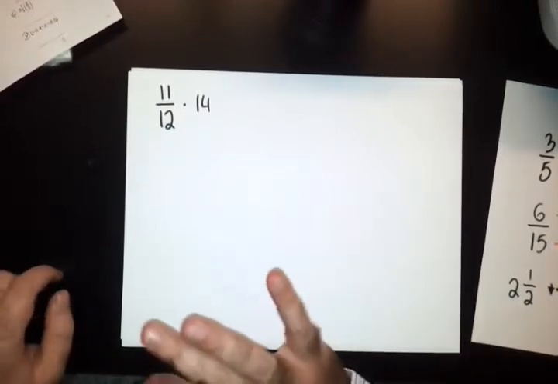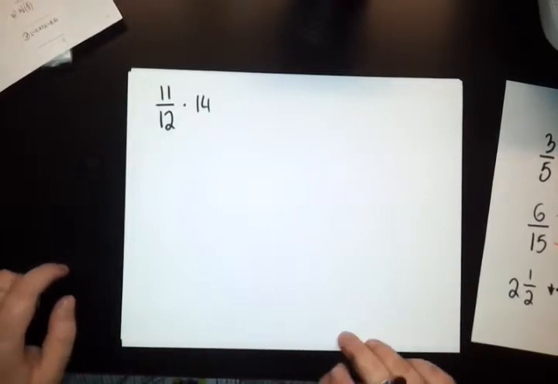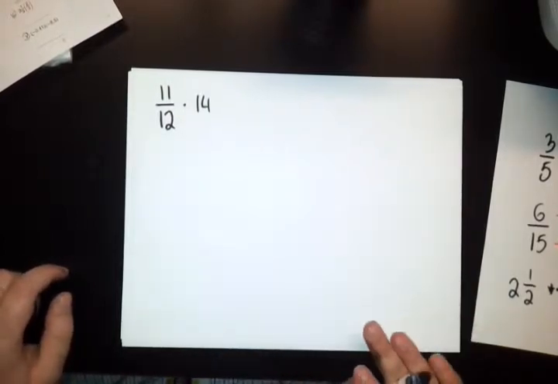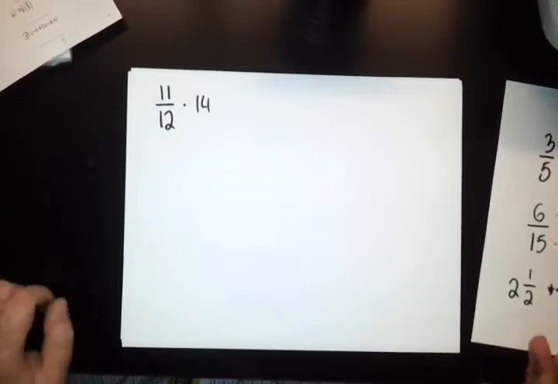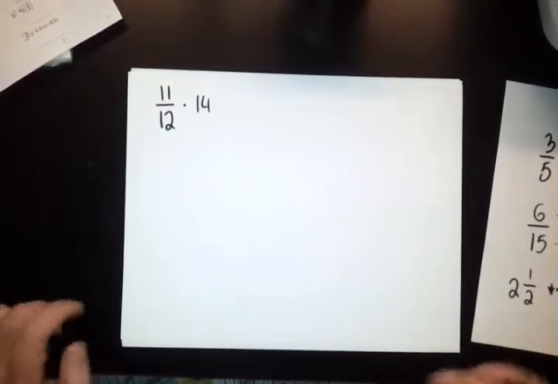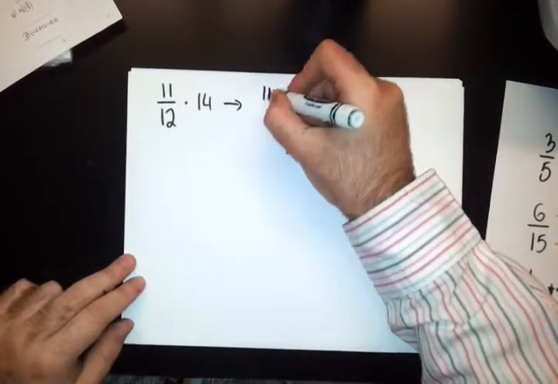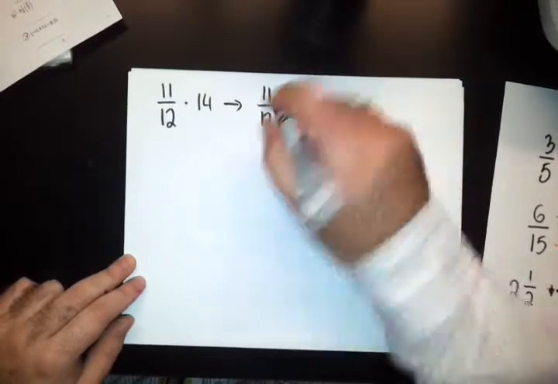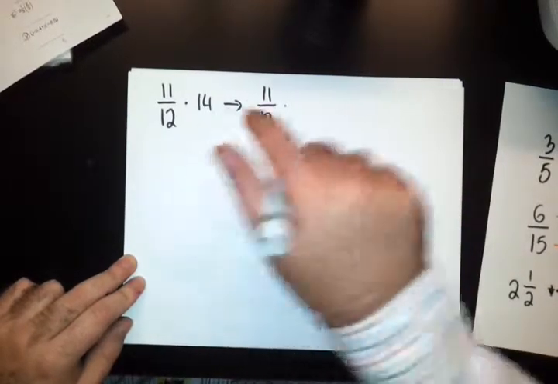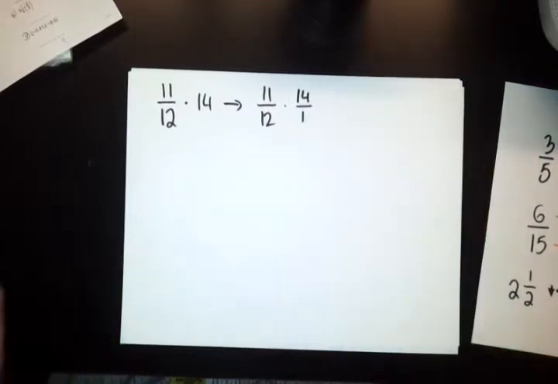You can write any number whatsoever over 1, and it's still the same number, because if I write 14 over 1, what's 14 divided by 1? 14. I can write 5 over 1, it's still 5. I can write 6 over 1, it's still 6. So, in these cases, what you want to do is write your integer over 1, because 14 over 1 is still 14.